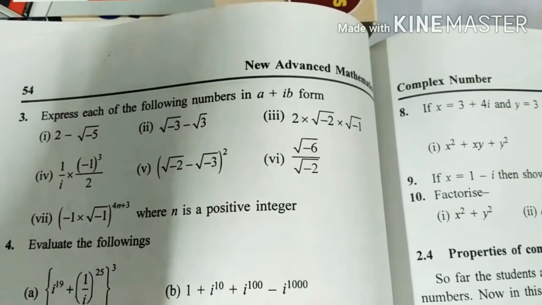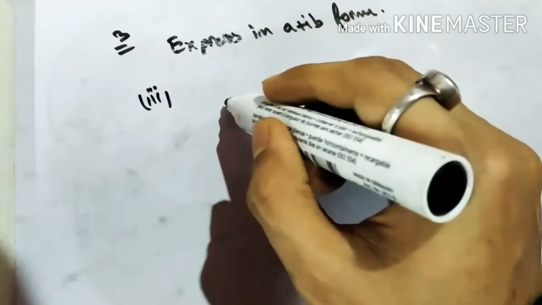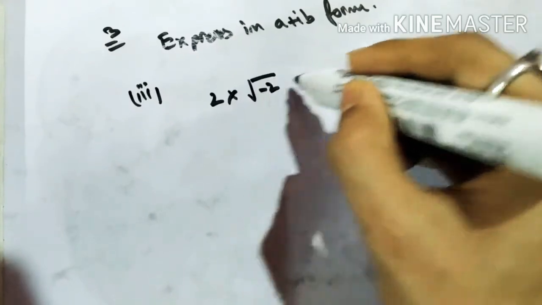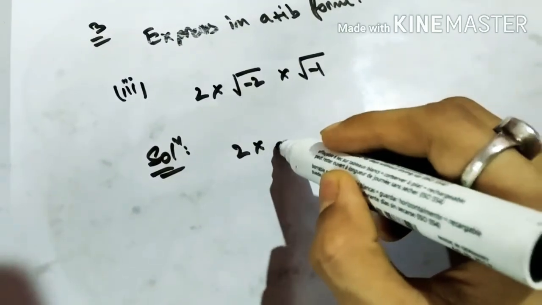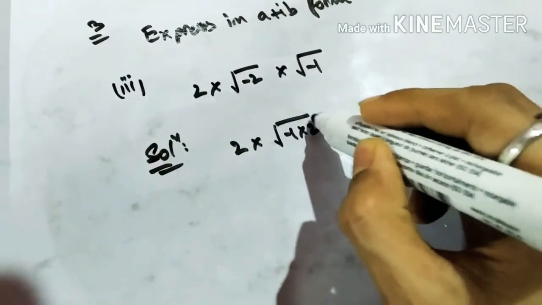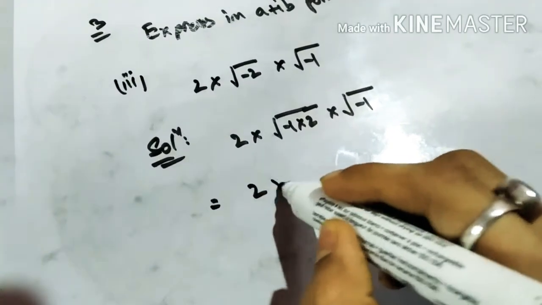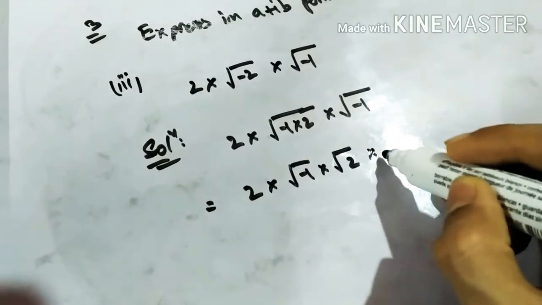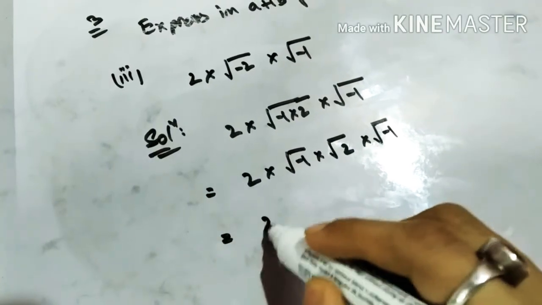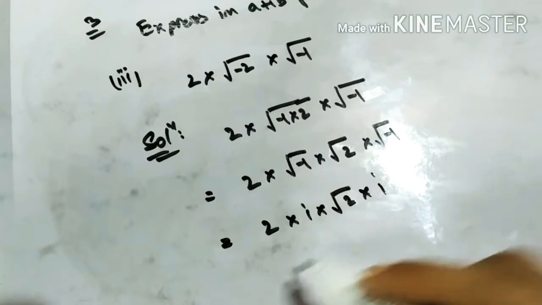Next, question number 3: 2√−2 × √−1. So this will become 2 × √−1 × √2 × √−1, that is 2 × i × √2 × i.